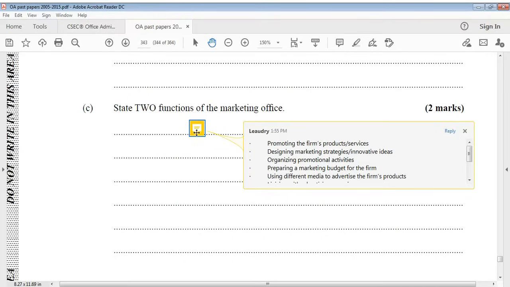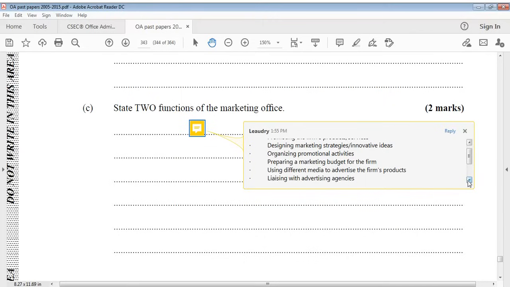Preparing a marketing budget for the firm. 5. Using different media to advertise the firm's products. 6. Liaising with advertising agencies. So any two from that would be your answer.